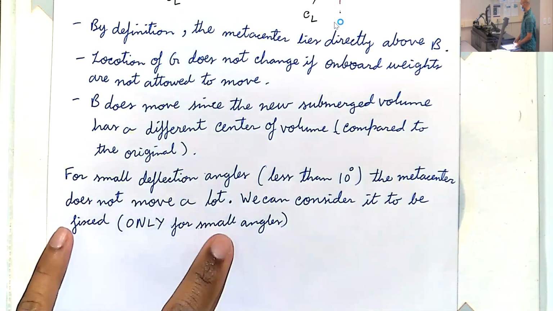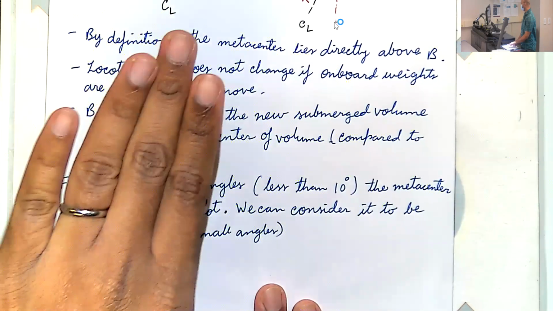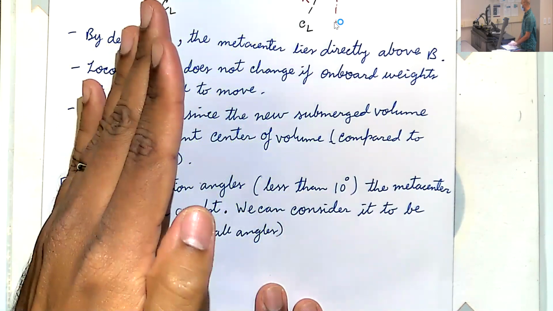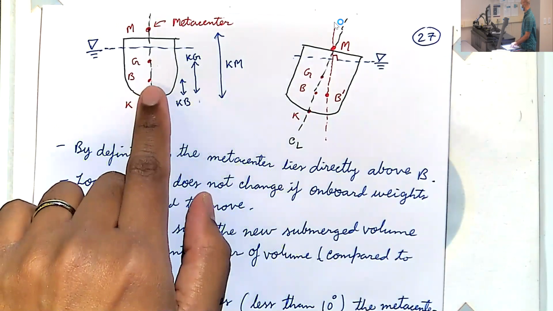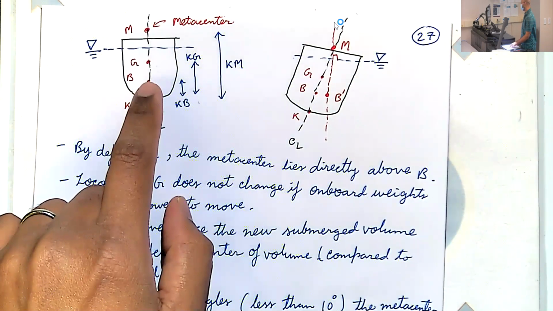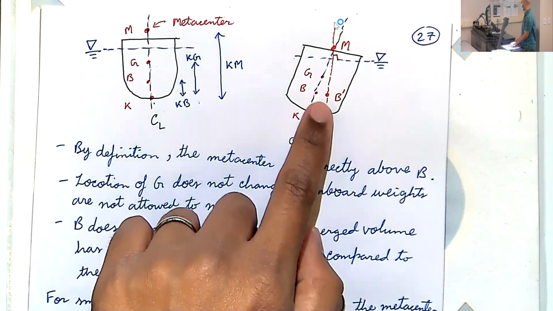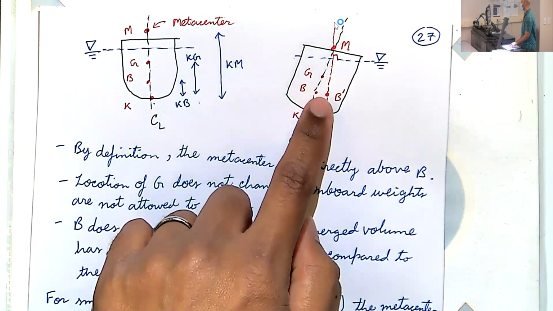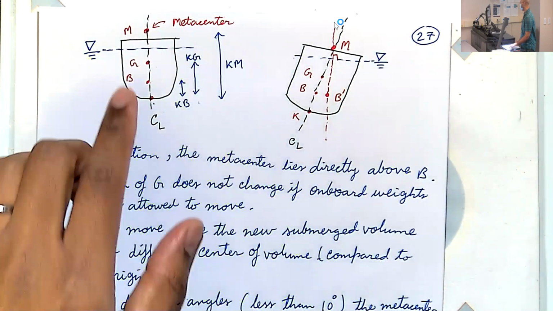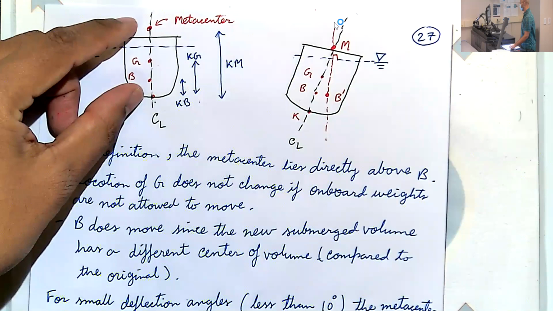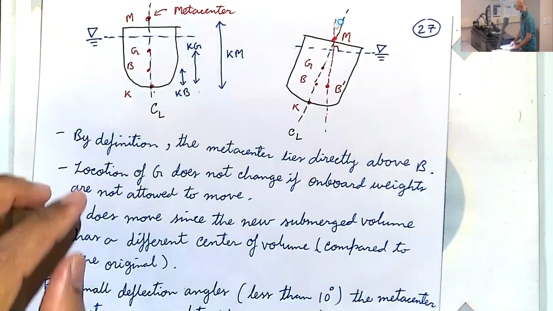If the deflection is large, so you have a huge roll angle, of course, we already know the center of buoyancy B moves sideways. It does so even with small angle change. But the metacenter will also start moving. So the location we cannot assume to be constant anymore.